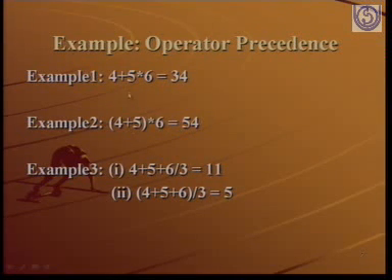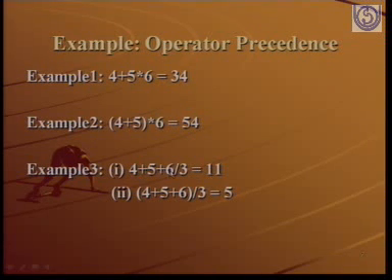In this way you identify which operation you want to give more importance or precedence over the other. You can do that either by leaving the operators as they are, or by putting those things in a parenthesis.